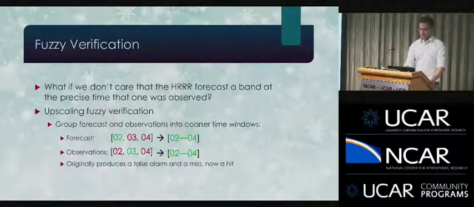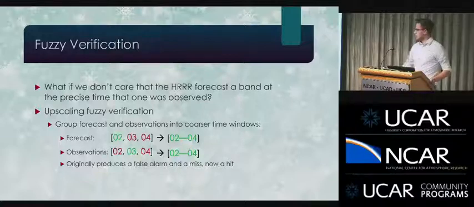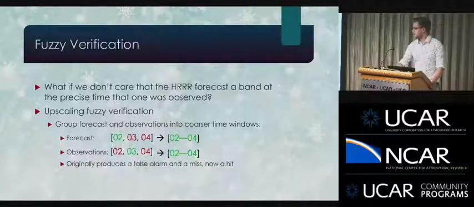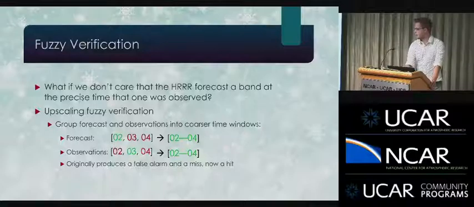Then we compare those time windows instead of individual time frames. Whereas originally we would have produced a false alarm because a band is forecast at 2Z and not observed at 2Z, and a miss because we didn't forecast a band at 3Z but one was observed at 3Z, we now get a hit because both of those time windows have a band.